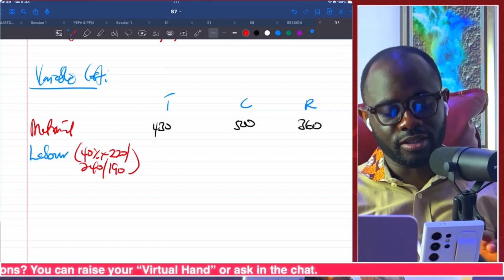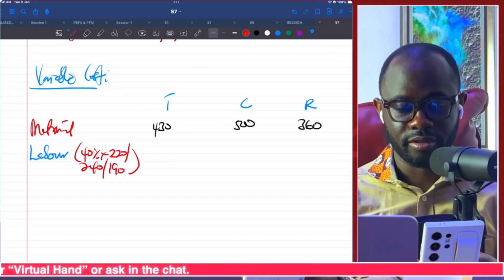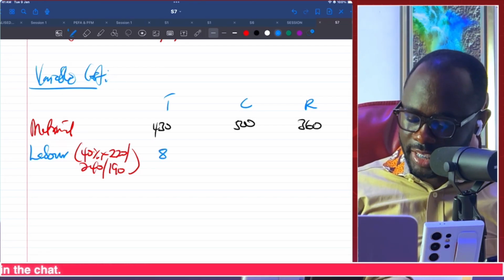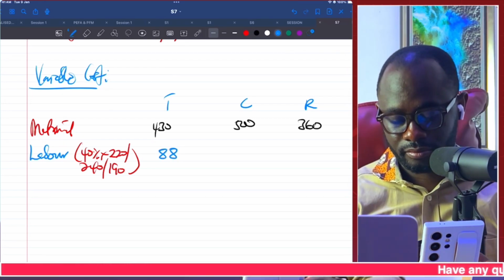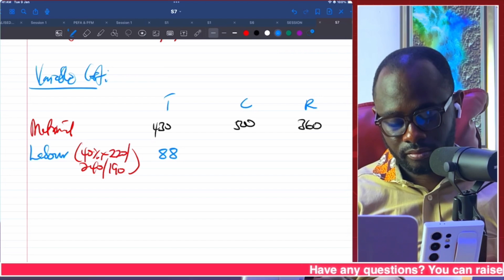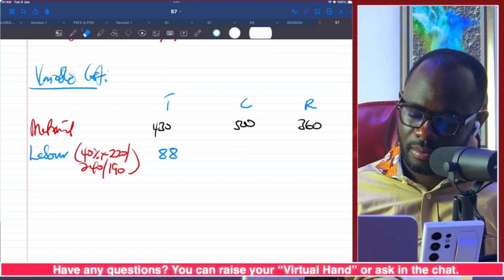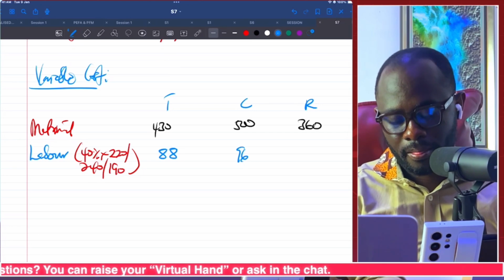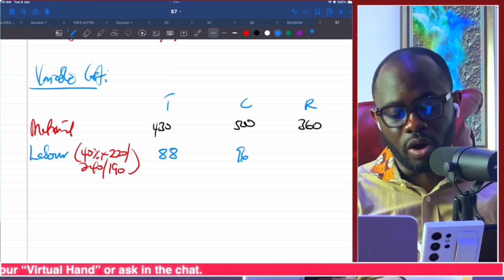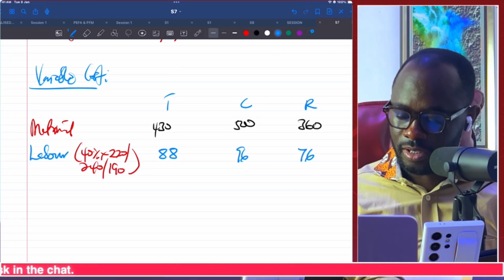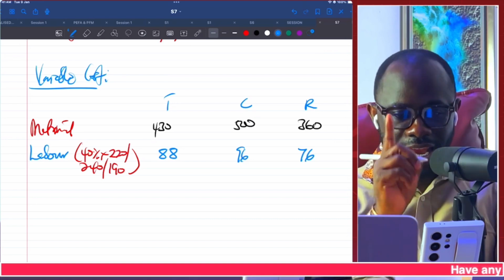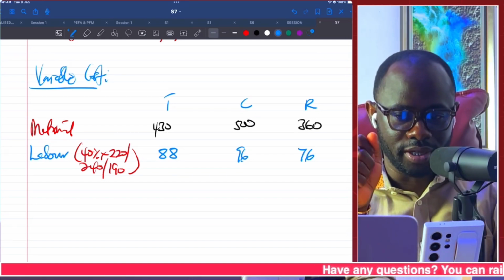So 40% of these figures respectively. 88 here, 96 for the B, and 190 will give us 76. So that is labor cost, the variable component.